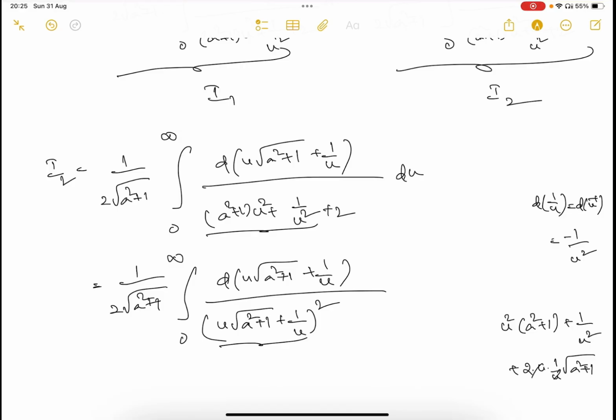You will get an extra plus 2 into root a square plus 1, right? Plus 2 into 1. That means you need to subtract this part, which is 2 into 1 minus root a square plus 1, right?